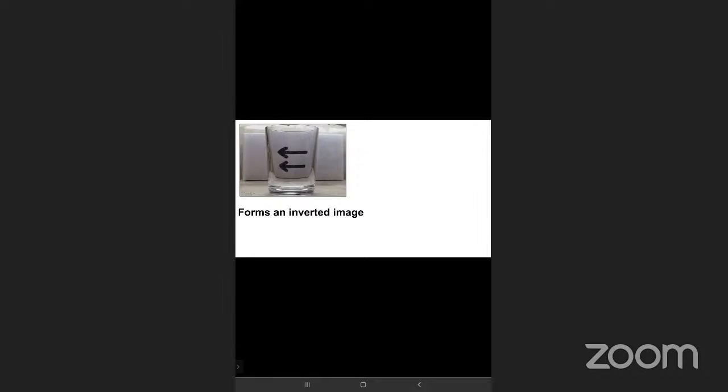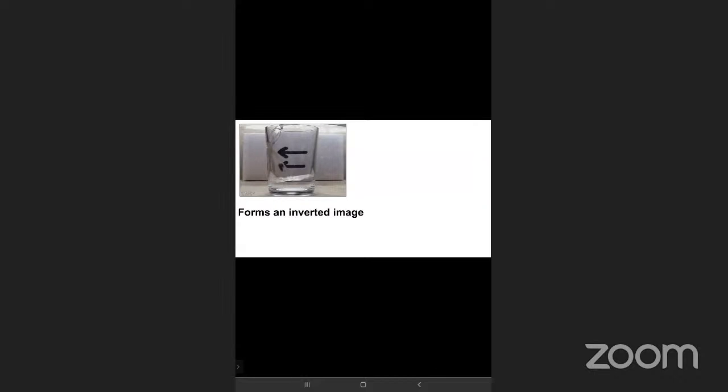This is one activity to understand the refraction of light. In the first case, we observe the diminished image, that means the size of the arrow decreases, because the light ray travels in two mediums, air and glass. In the second case, light travels in three mediums: air, glass and water.